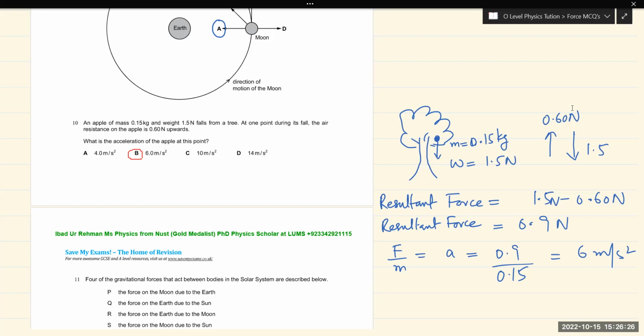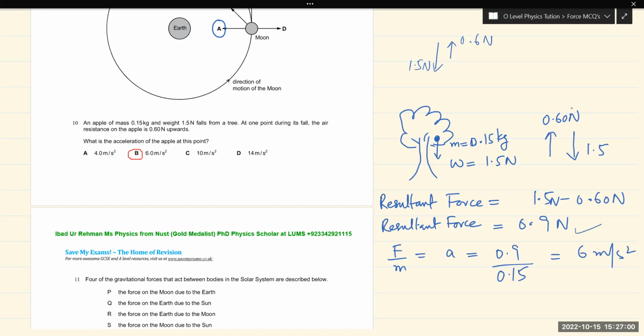ठीक है, तो हमारे पास जो रिजल्टेंट फोर्स होगी, यानी ऑब्वियसली हमारे पास जो एयर रेजिस्टेंस है एप्पल पर जो अप्लाई हो रही है वो कितनी है 0.6. तो 1.5 से ही नीचे आ रहा है जो कि इसका वेट है, 0.6 से ये इसे रेजिस्टेंस मिल रही है एयर की तरफ से. ठीक है, तो इसका जो डिफरेंस है दैट वुड बी द नेट फोर्स. So 1.5 minus 0.6 is 0.9 Newton, the resultant force acting on it, and the mass is 0.15 kg.